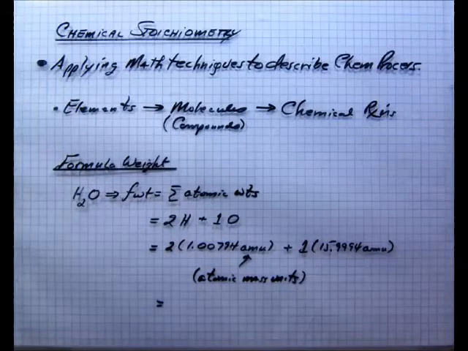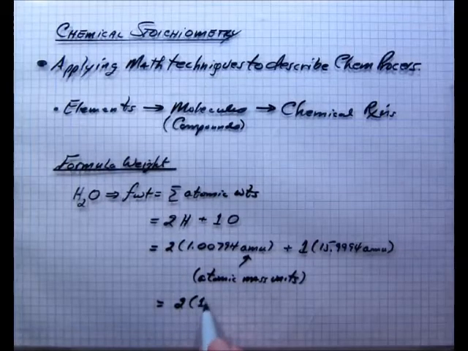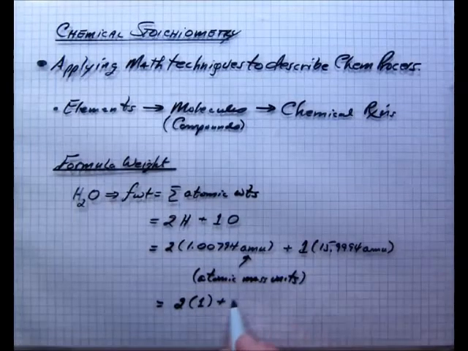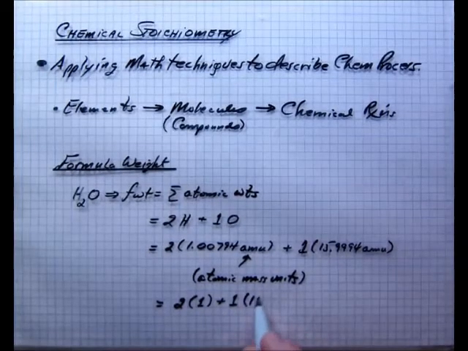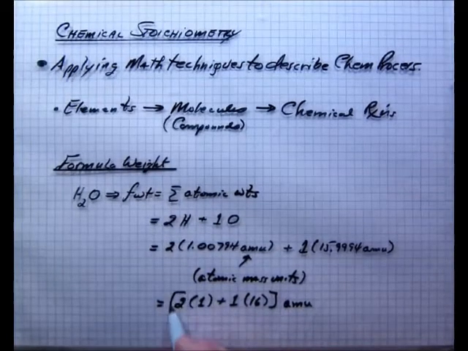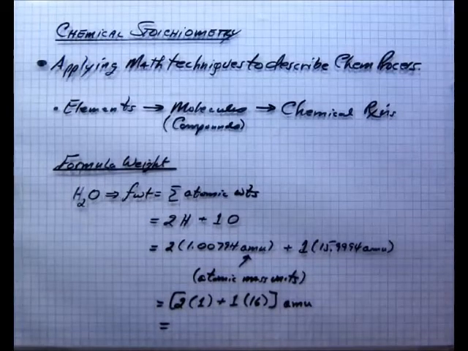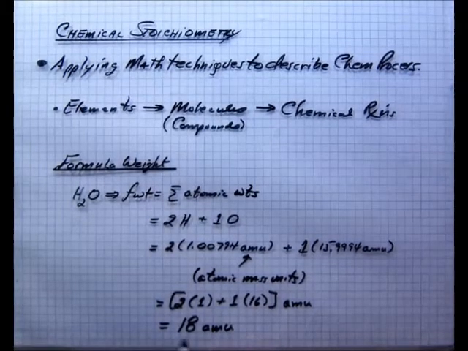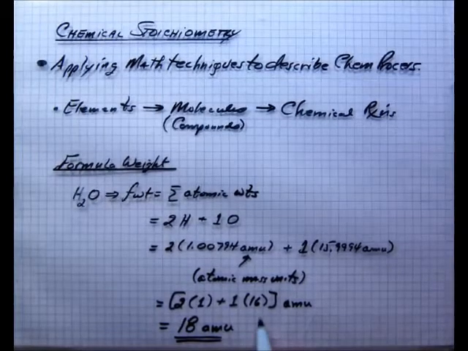For purposes of expediency and efficiency and trying to get through everything, I round them to the nearest whole numbers. So hydrogen will be essentially 1. Oxygen will be essentially 16. And the outcome will be in atomic mass units, and we'll see that is 18 atomic mass units for the formula weight.